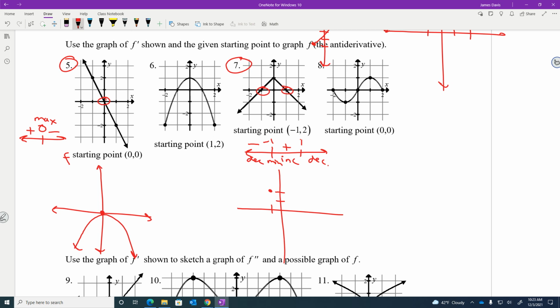And then we have a max at +1. So this has to be a minimum here at -1, 2. And then at +1, we should have a max. This is also decreasing to increasing, back to decreasing.